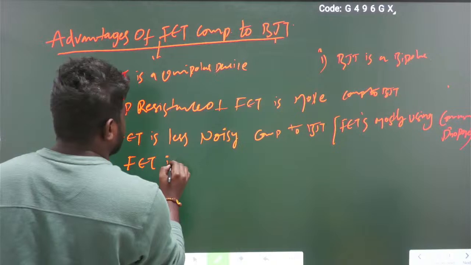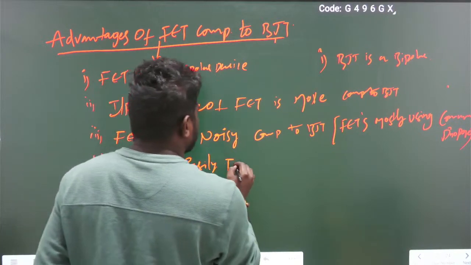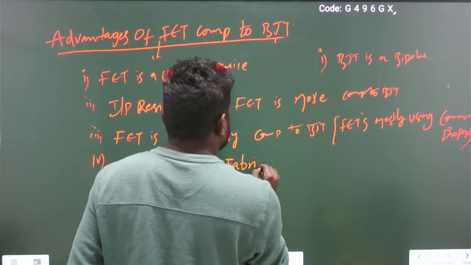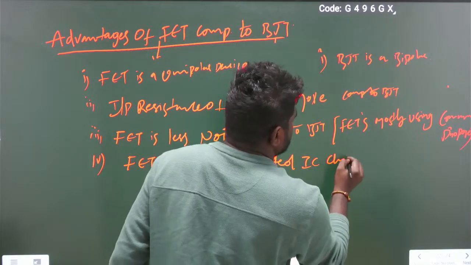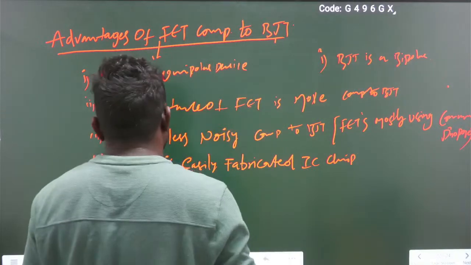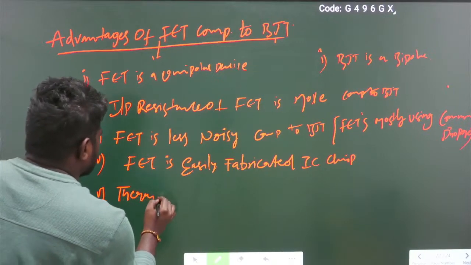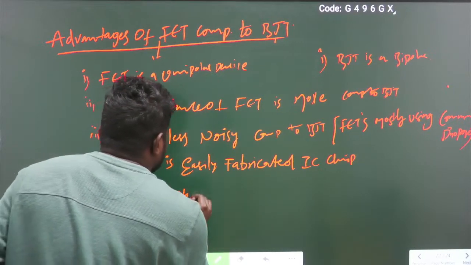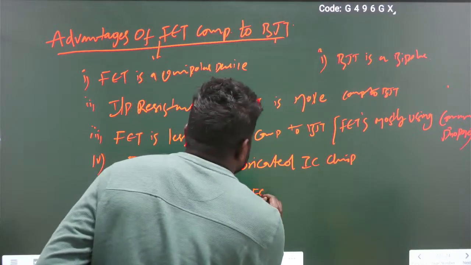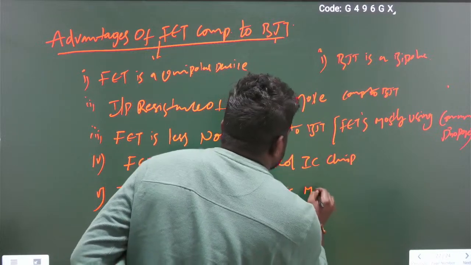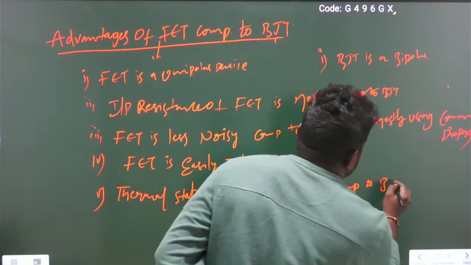FET is easily fabricated IC chip compared to BJT, okay? So thermal stability of FET is more compared to BJT, okay?